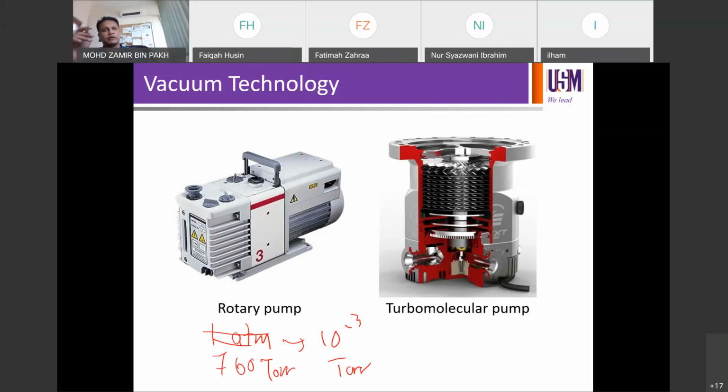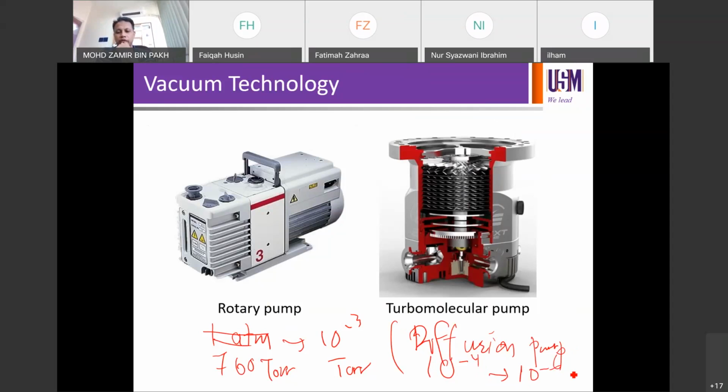So for example, if you want to go lower than -3, we can also use a diffusion pump. This is another pump you have in your lab 200. You have a combination of rotary and diffusion. The diffusion pump can take it down from -3 or -4 down to around -6. So this is the operating region of the diffusion pump.